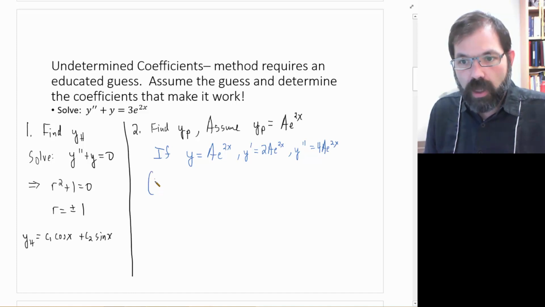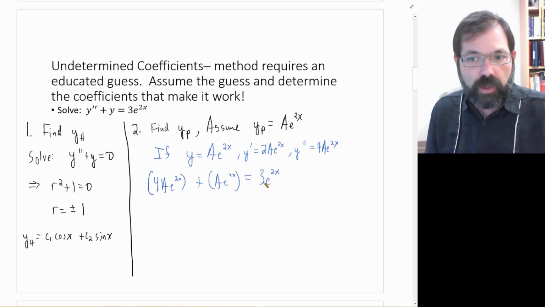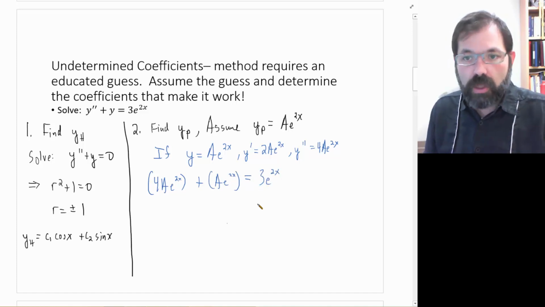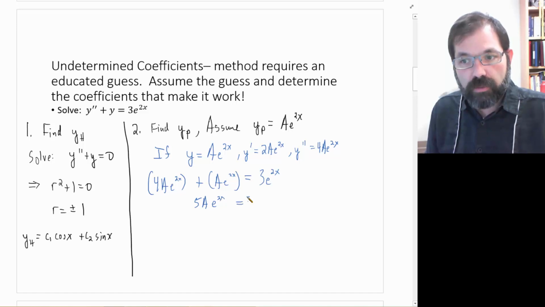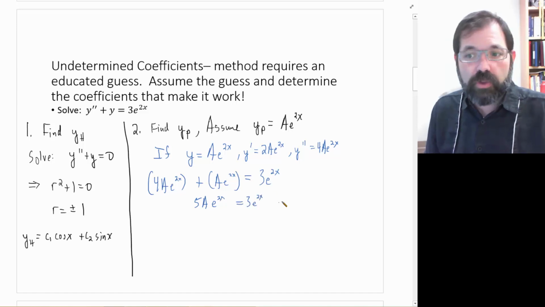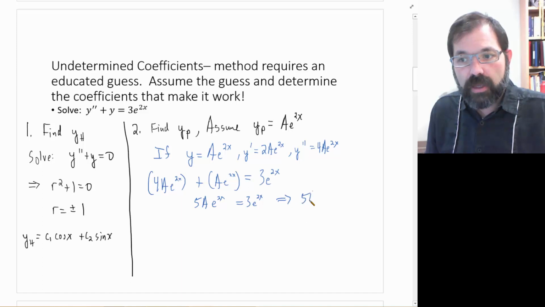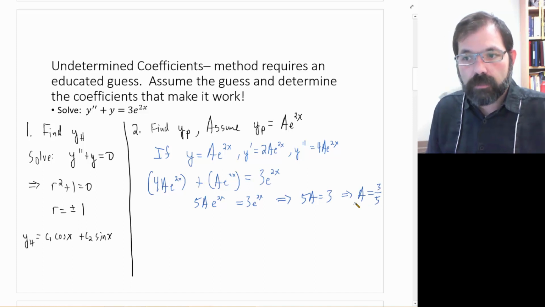Substituting, y double prime, 4a e to the 2x, plus y, a e to the 2x, is equal to 3e to the 2x. Right? y double prime plus y equals 3e to the 2x. So then 5a times e to the 2x is equal to 3e to the 2x. For this to be true, 5a must equal 3, and so a is 3/5.